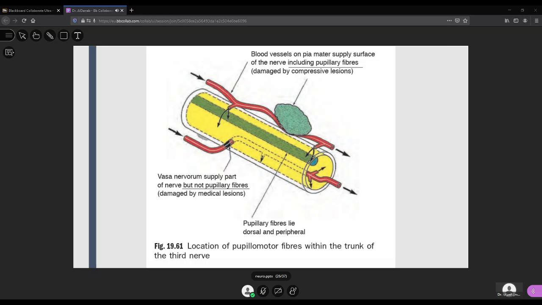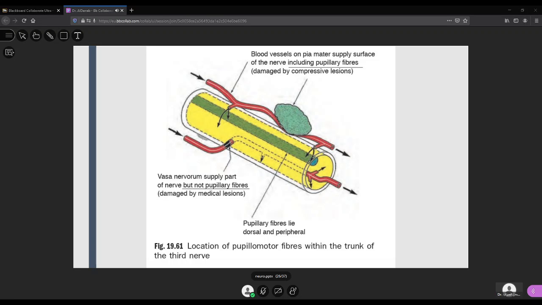Again, here, blood vessels on the pia mater supply the surface of the nerve, including pupillary fibers. So the pupillary fibers on the surface are damaged by any compressive lesions, like we saw, for example aneurysm or tumor or hematoma. This will compress the pupillary fibers. Vasa nervorum supply part of the nerve in the middle, but not the pupillary fibers.